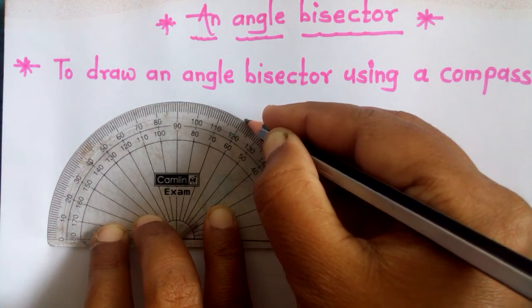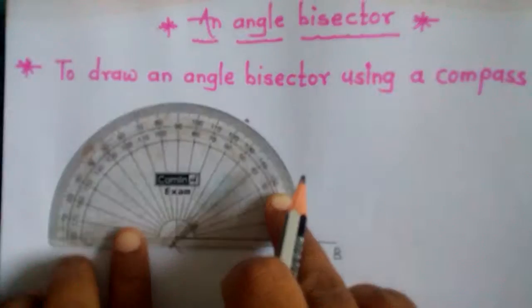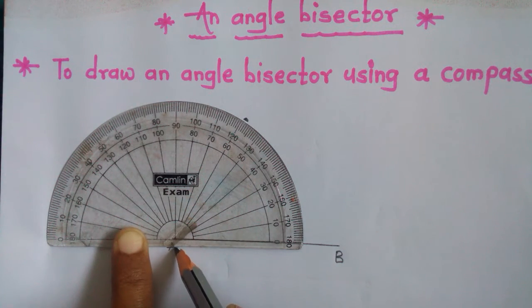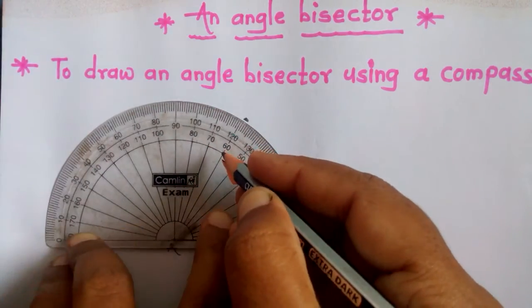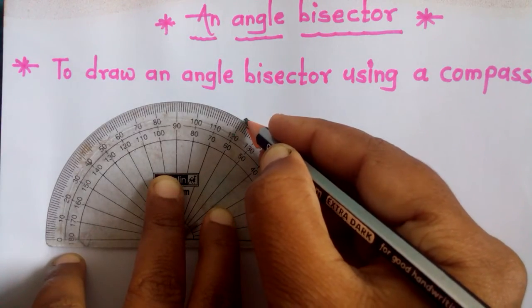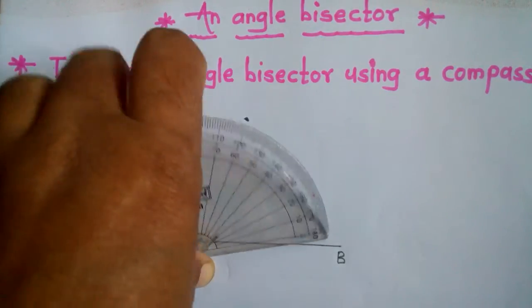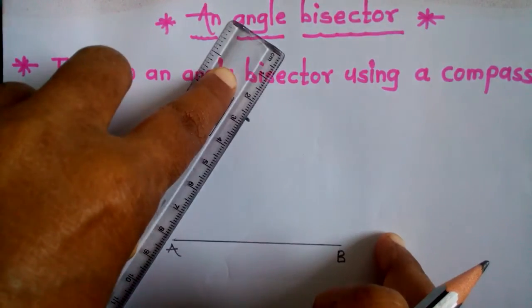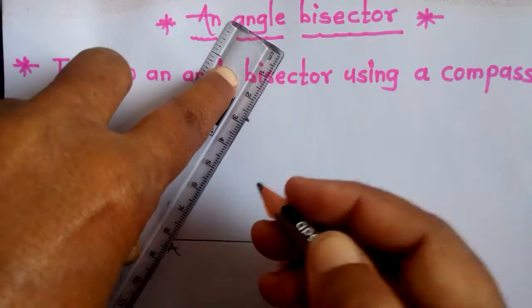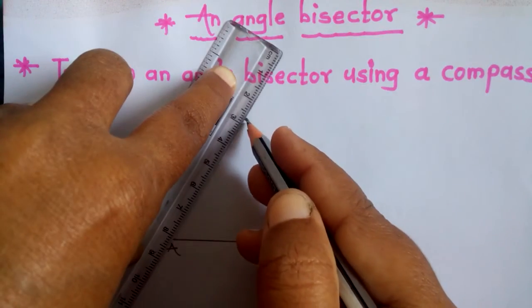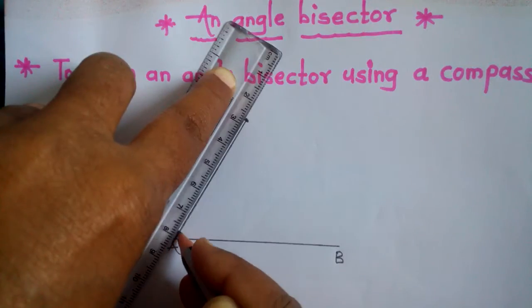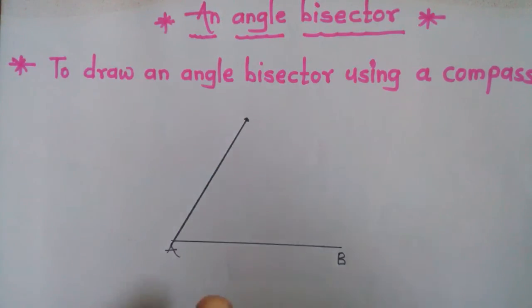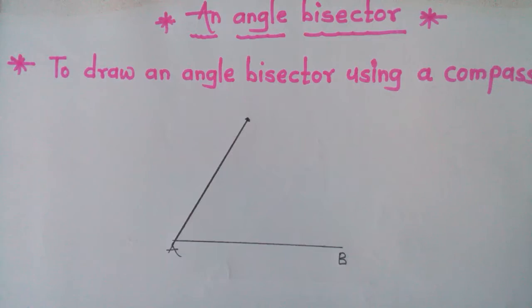We keep the protractor's middle on point A, and where the 60 is, here we draw one point. Then join this with A. Now this is our 60-degree angle.